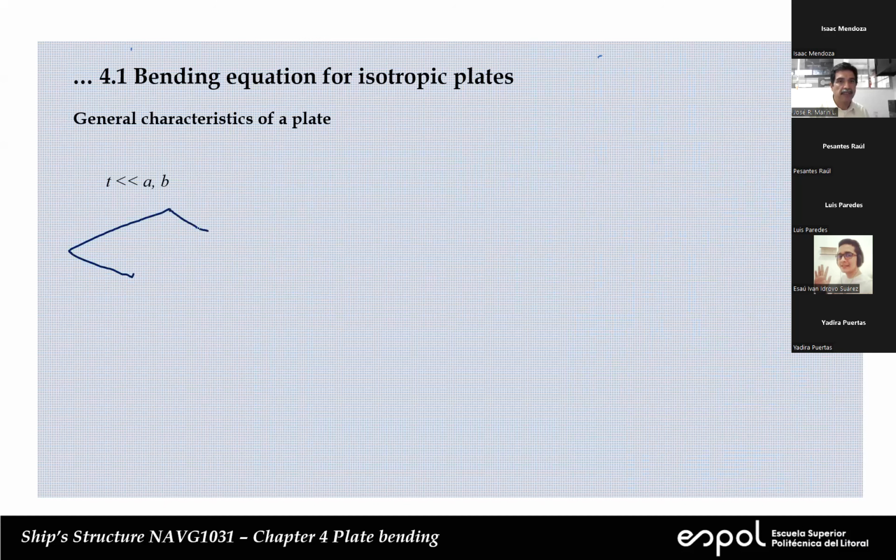We have this is A, this is B, and this is T. I will say here, the thickness is going to be much, much smaller than A or B. Now, if we consider that, let's do a big zoom.